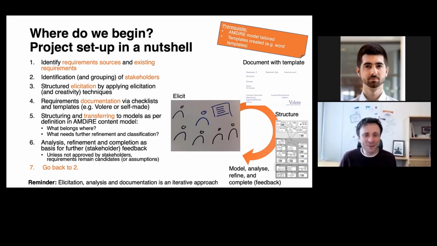I've tried to provide you with a small, simplified, of course, step-by-step instruction, but the first thing we do is to organize ourselves and think about what typical requirements sources might come into play. Stakeholders are one of potentially many different sources, and which requirements we might already have.